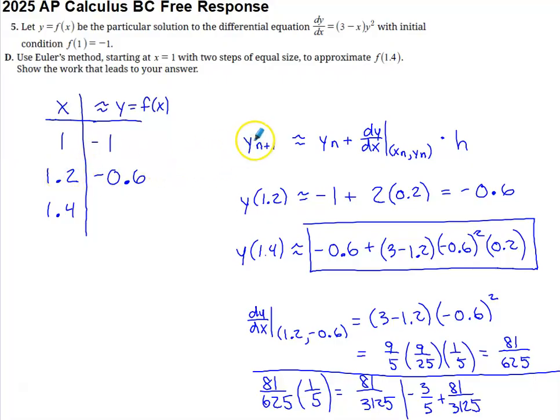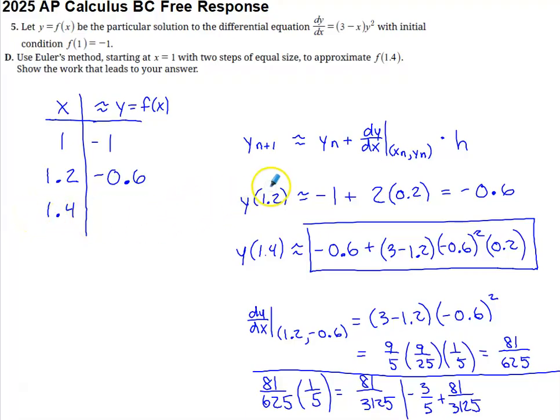Now the way that I'm going to find the approximate y value that corresponds to the x of 1.2, the way that I find my next y is I take my current y and I add on the slope of the tangent line at the currently completed ordered pair times my step size. Now my step size, if I'm getting from 1 to 1.4 with 2 steps of equal size, I'm going up from 1 to 1.2 and then up again from 1.2 to 1.4.